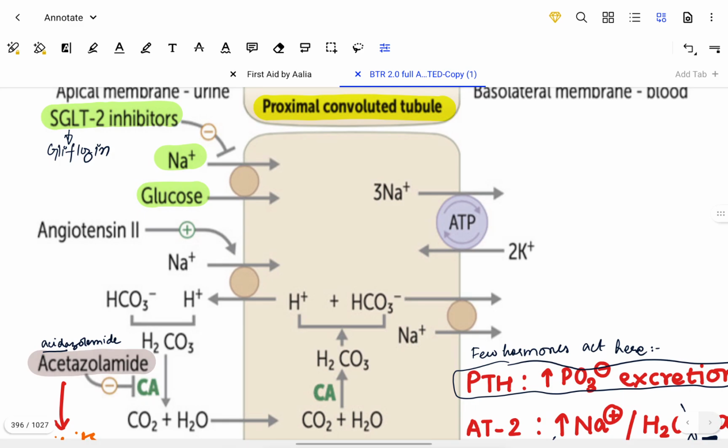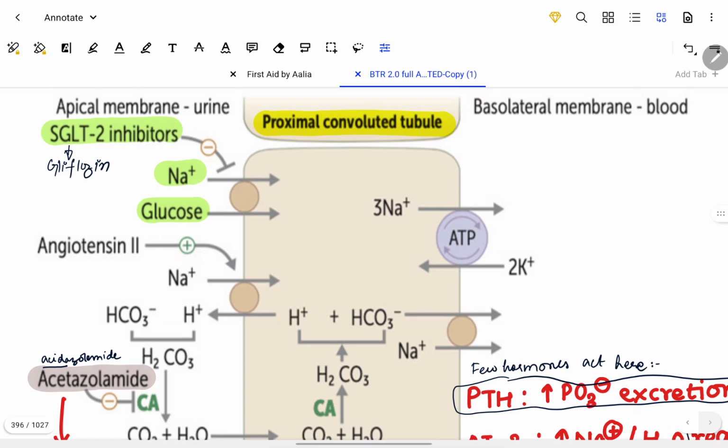Now, what will SGLT2 inhibitors do? They will obviously inhibit the channel, so there will be no reabsorption. Examples are all the gliflozins, like canagliflozin, empagliflozin, all the gliflozins inhibit SGLT2.